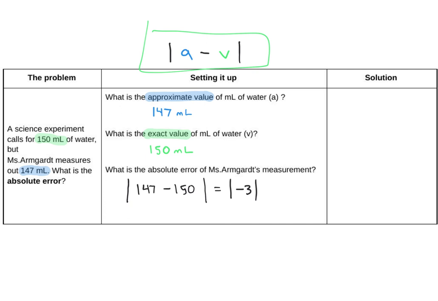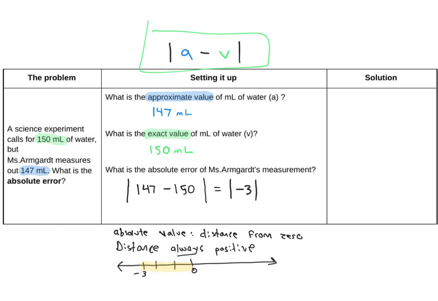Remember, absolute value means distance from 0, and distance is always positive, and there's a number line to bring it all the way back to Unit 1, so this answer is just 3. Your solution would be: the absolute error is 3 milliliters. And please don't forget those units.